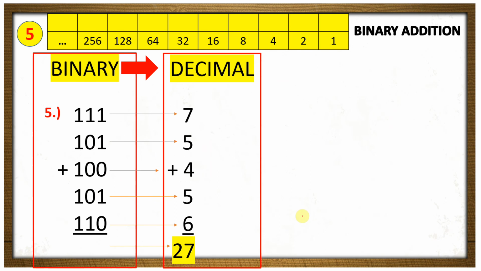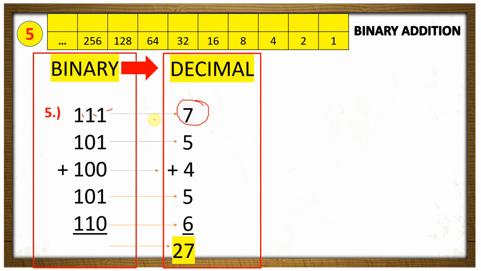Okay, so next, number 5 example. So this time we can actually add this one directly. So to convert, this is 7 here because this is 1 plus 2, next digit is 4. Because 1 times 2, 2 times 2, 4 times 2, 8 times 2, meaning numbers which are powers of 2.